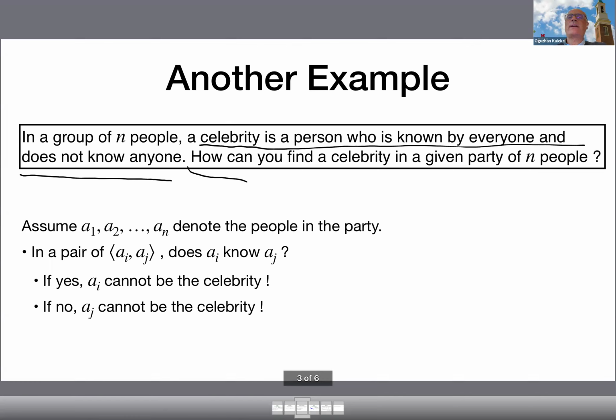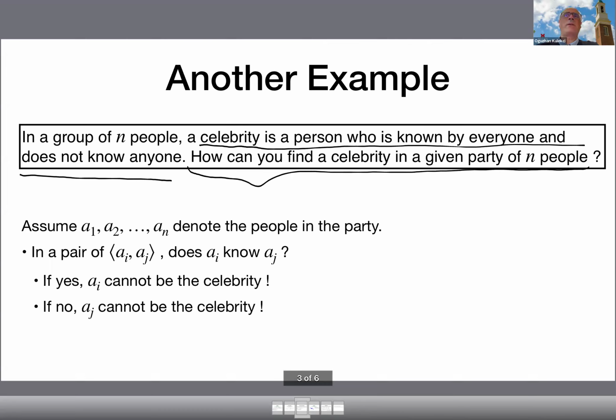The question is, how can you find the celebrity in a given party of n people? The straightforward solution would be to pick one person from that party and check all the remaining n minus one guys to see whether this is a celebrity or not.